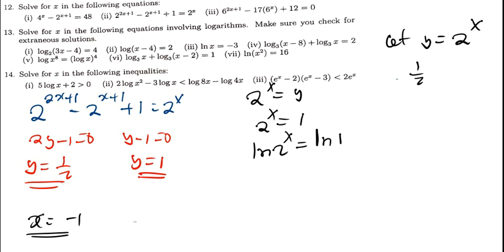The property of log allows me to shift the power to be in front, so it will be x ln 2 is equal to 0, divided by ln 2, x will be equal to 0. So the values are x equal to 0 and x equal to negative 1. So the method I used, in which I made a mistake, still found x to be equal to 0. It was correct.